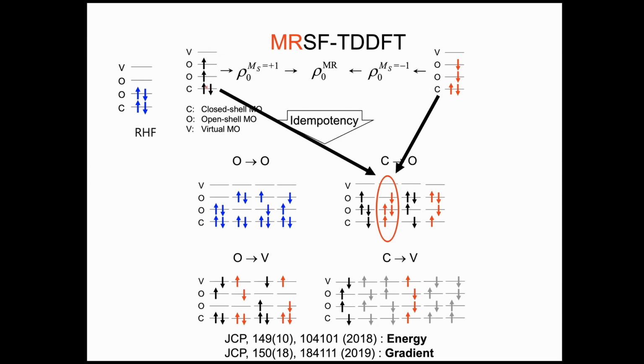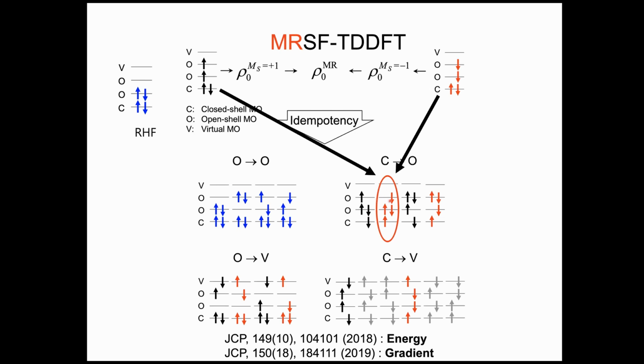Well, there's no way you can do it unless you do the double excitation. The red ones are missing from the original spin-flip TDDFT. Because the red is missing, you cannot have a proper spin combination between the black and red. As a result, you have a really severe spin contamination. This is the source of it.